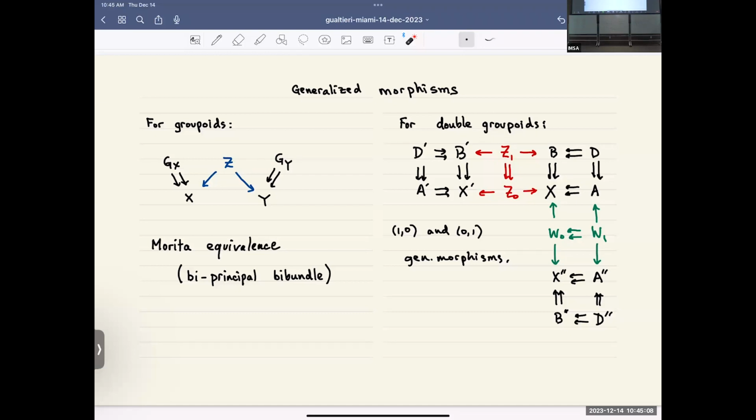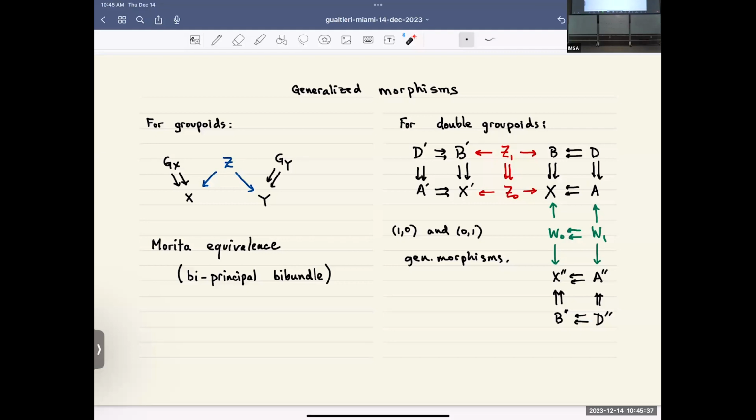And because it has this horizontal and vertical groupoid structure, there are different types of morphisms. There are horizontal morphisms, in which you have a Morita bibundle in the horizontal direction, and I call those 1-0 morphisms. And then it also has vertical Morita equivalences, which I call 0-1 morphisms.